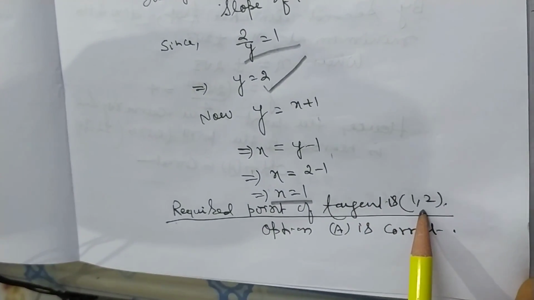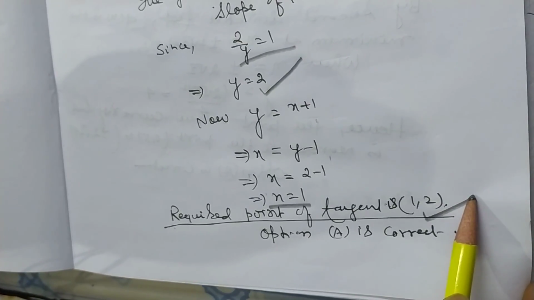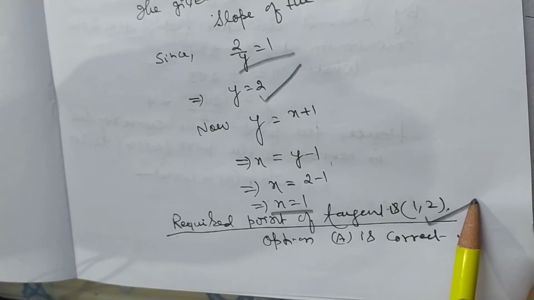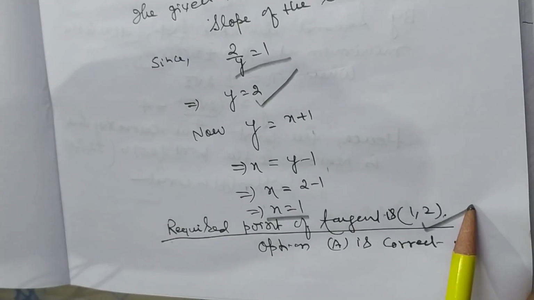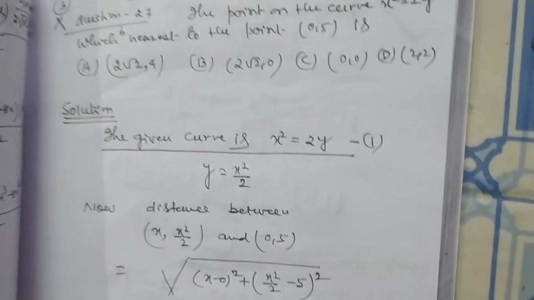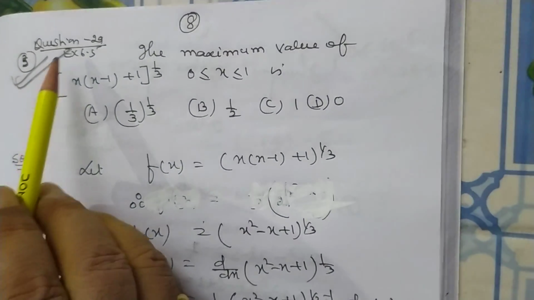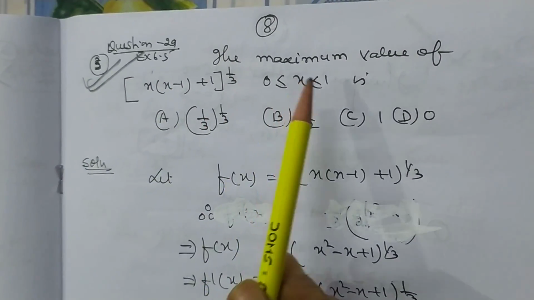So in this way, we find the point at which the tangent is drawn to the curve. Now option A is correct.